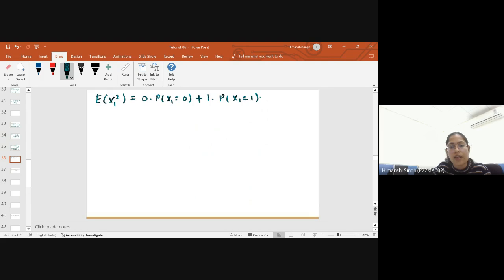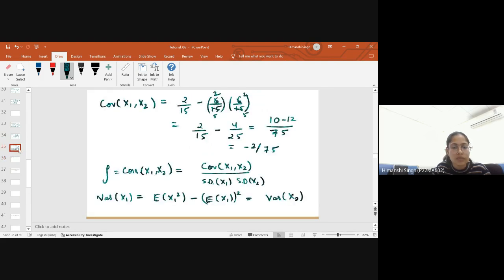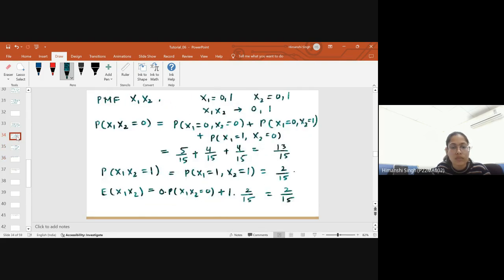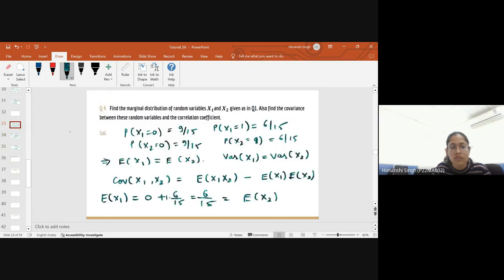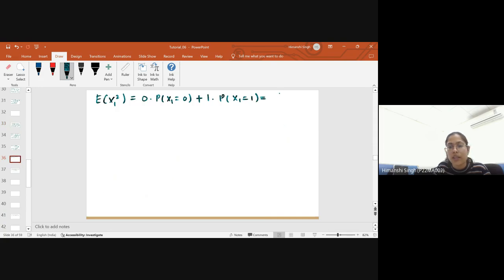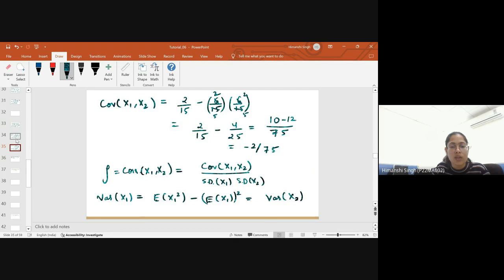And what is the probability x1 equals 1? So probability x1 equals 1 is 6 by 15. So variance of x1 will be 6 by 15 minus expected value of x1 whole square.